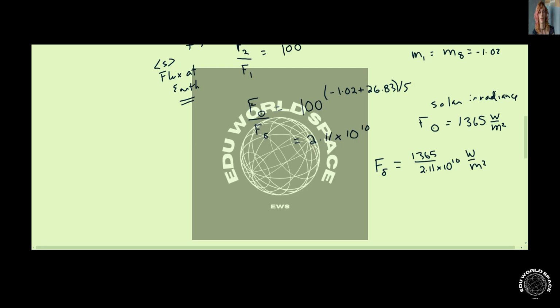Yeah, we could do that, but the number would be quite small. We'll go ahead and do it anyway. It's about 6.5 times 10 to the minus 8 watts per meter squared.